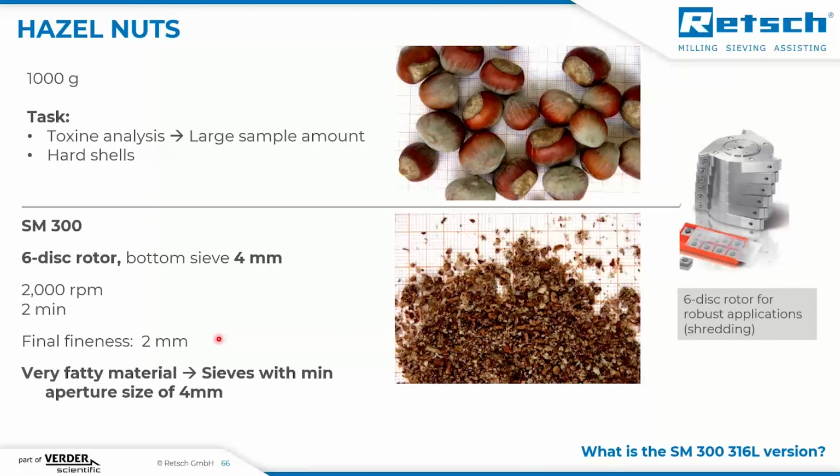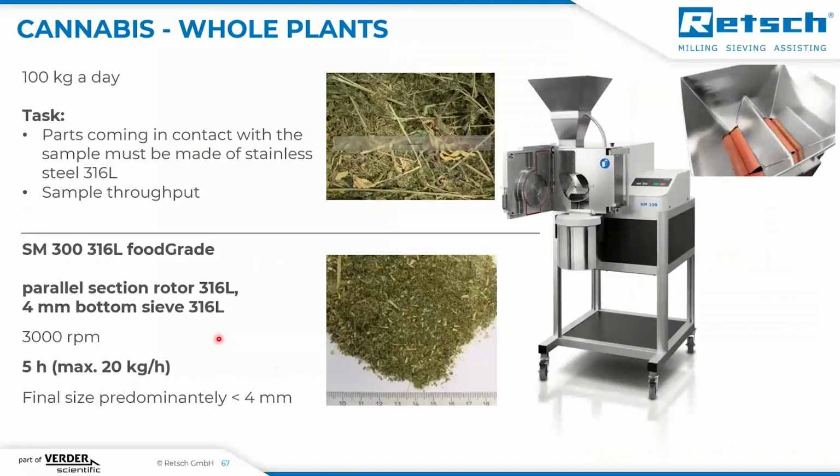Then I told you that we have the SM300 in a 316L food grade version. Here we were asked to grind 100 kg of cannabis each day for a food and medical treatment, and we designed this SM300 in a food grade version with this long stock hopper, and everything is made of 316L: the grinding chamber, the hopper, the bottom sieve, the rotor, and so on.